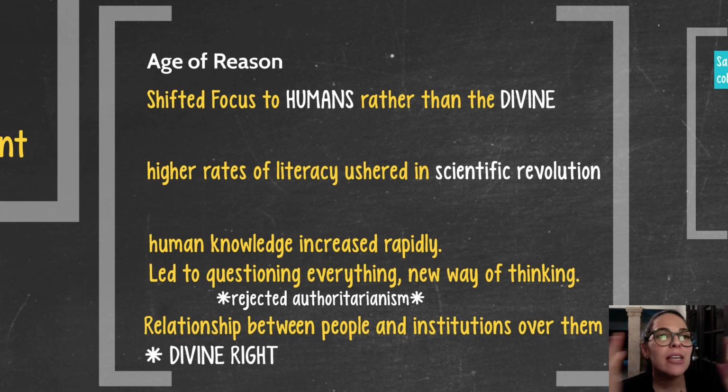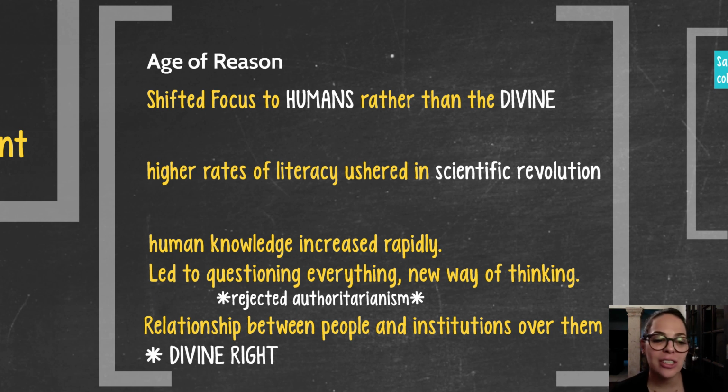That this belief that there was something special about them, that they're like God, ruling on earth. And so the big consequence of that is, prior to the Enlightenment, people didn't question kings, right? You didn't question their decisions.